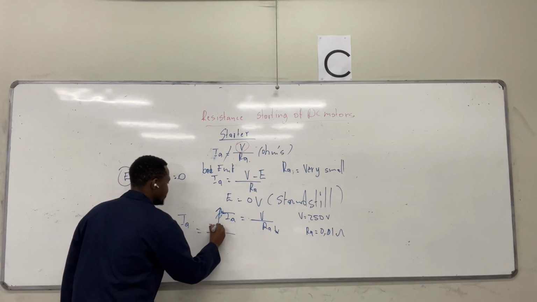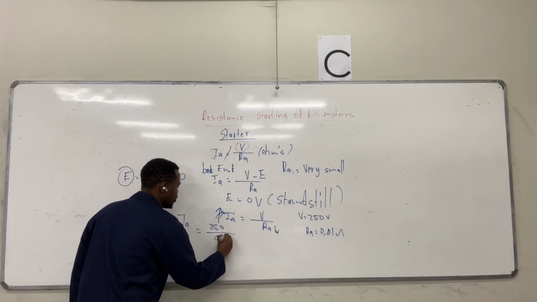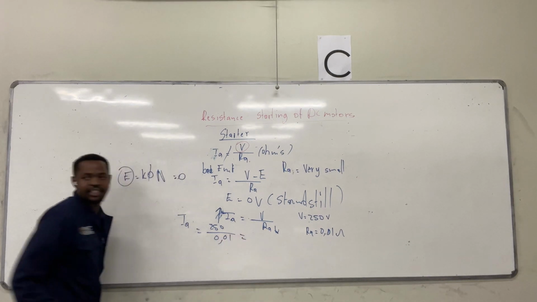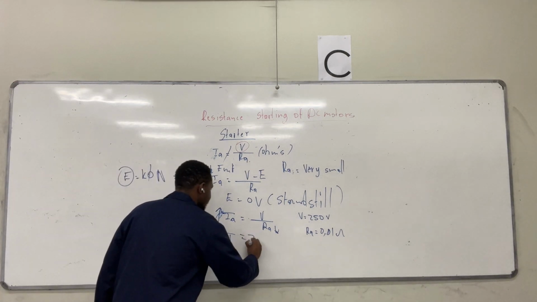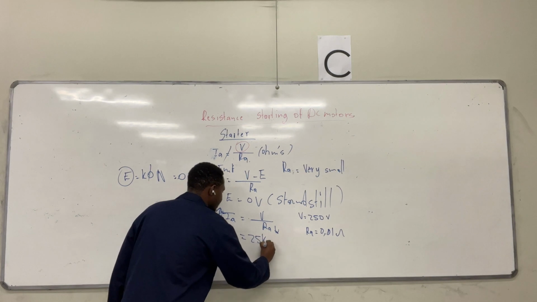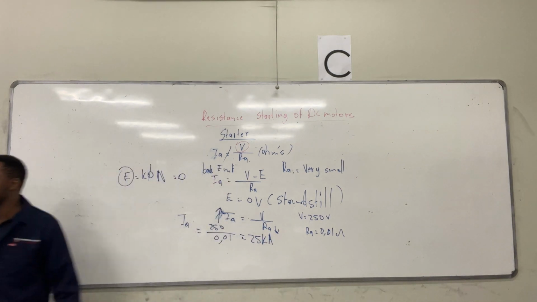So 250 divided by 0.01 gives 25 kilo amps.